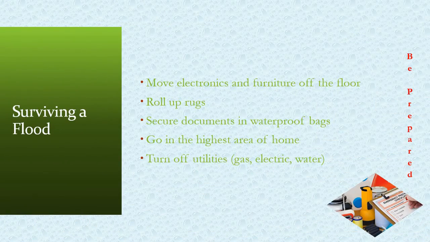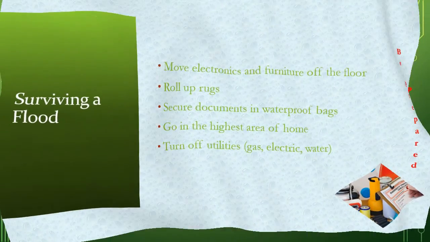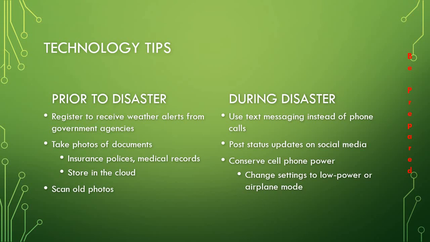If I'm trying to survive a flood, I should move electronics and furniture off the floor, roll up rugs, secure documents in waterproof bags, go to the highest area of the home, and turn off utilities: gas, electric, and water. And lastly, technology tips prior to disaster: register to receive alerts, take photos of insurance and store stuff in the cloud, scan old photos.